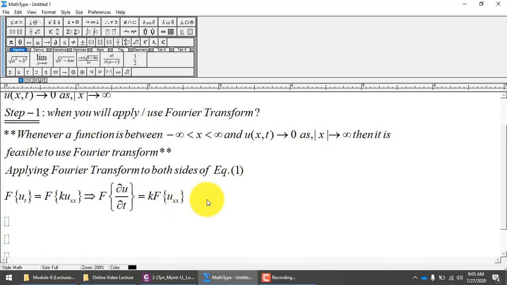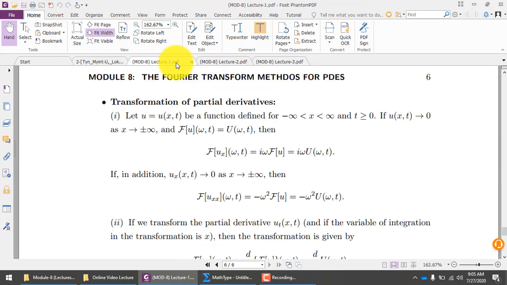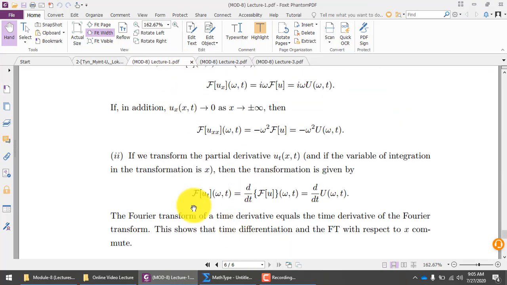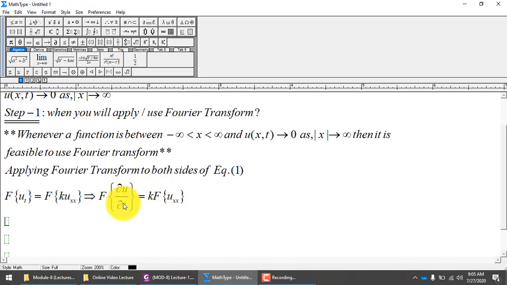In the next step, if you remember the lecture, if you are having the derivative with respect to time, as we are having there, and u is the function of two variables, here also that derivative is also the function of two variables.